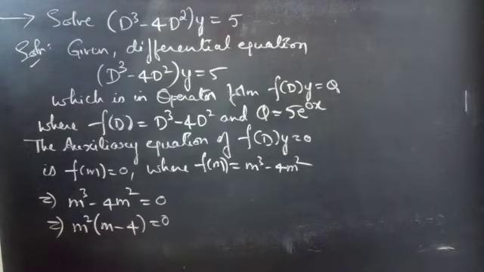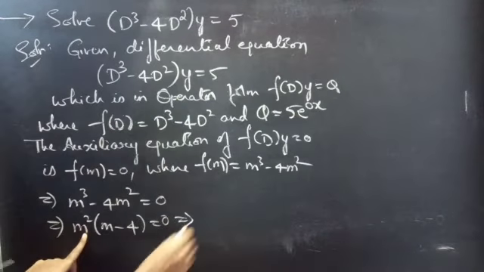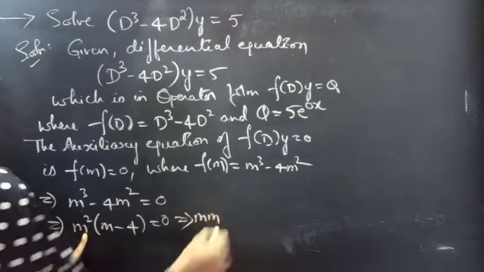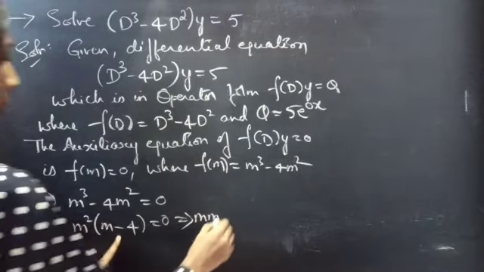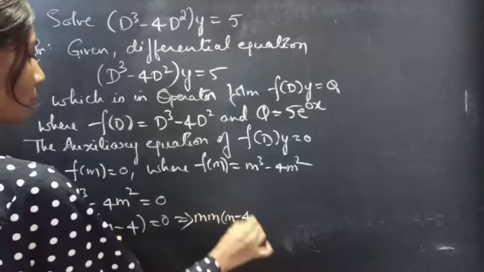Now we need to find the roots. From this, you have two m's, so you'll get m into m, and then m minus 4.